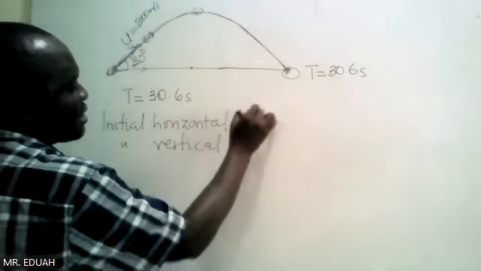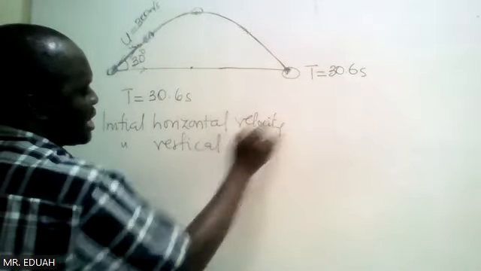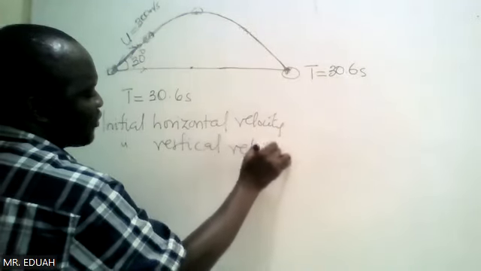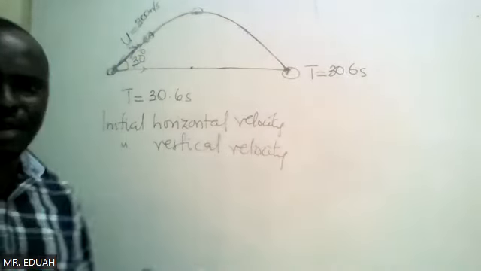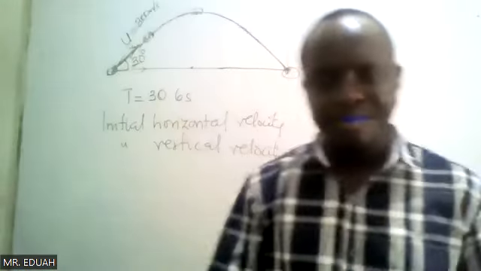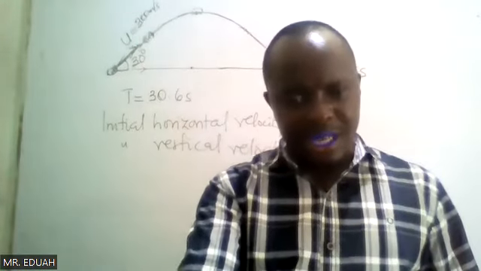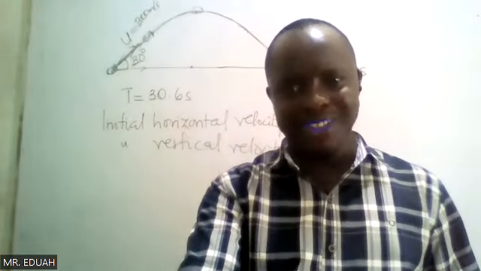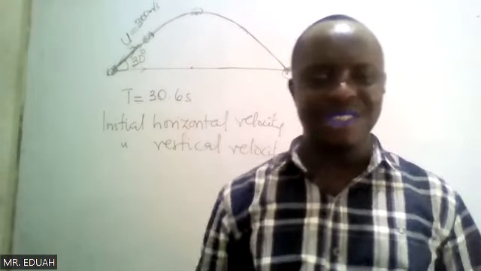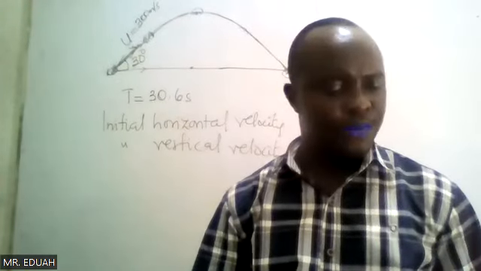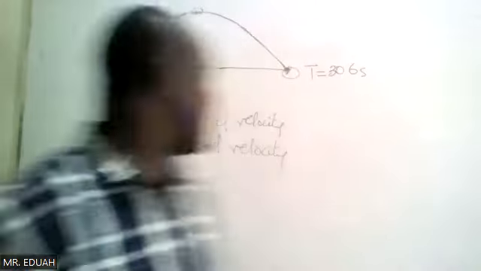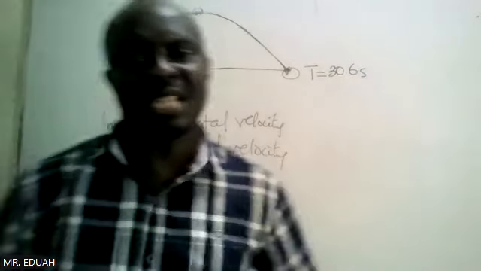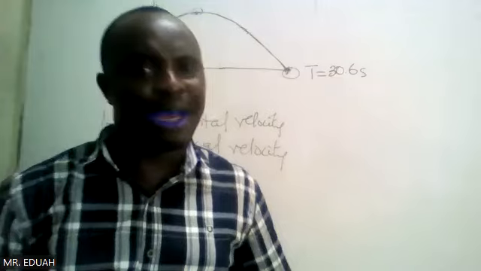Somebody to share how you calculated this with me. Anybody? If you are not ready, I'll call you. Who is ready to share with us how the initial horizontal and vertical velocity is calculated? Yaba?